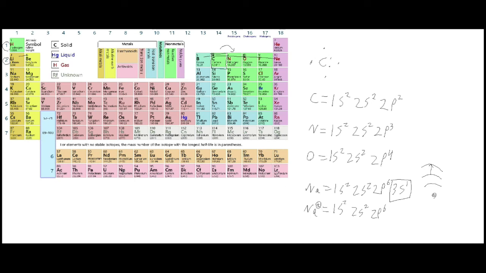Now, if we go all the way over on this third row and look at chlorine, that will actually have 1s2, 2s2, 2p6, and then it has two s orbitals in the third shell, and then it also has 1, 2, 3, 4, 5 p orbitals in the third shell.